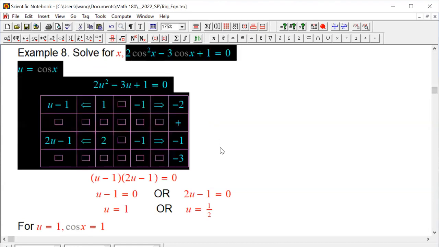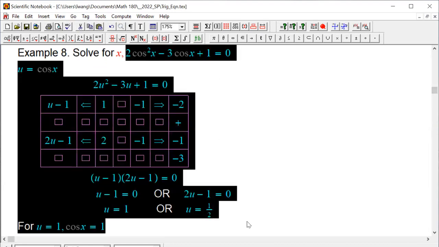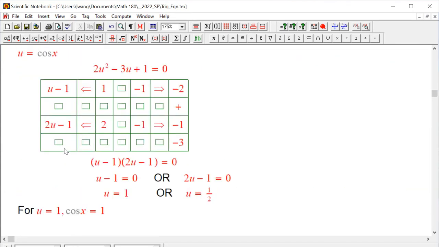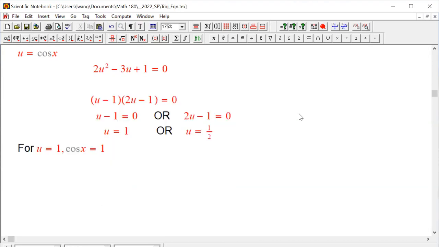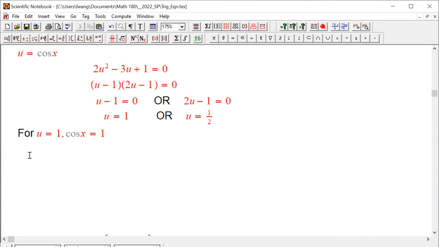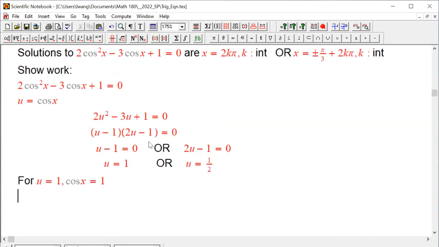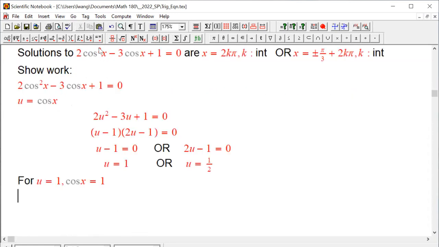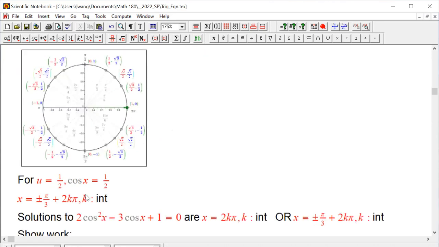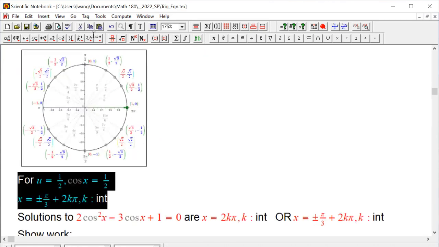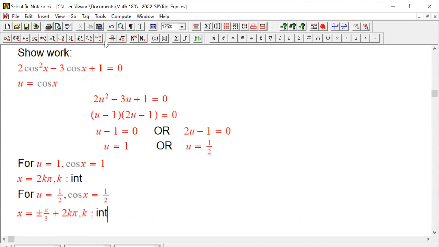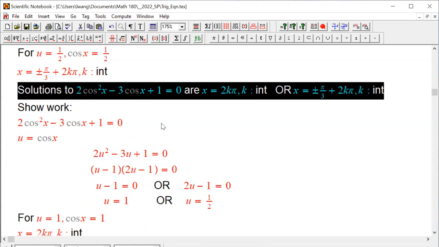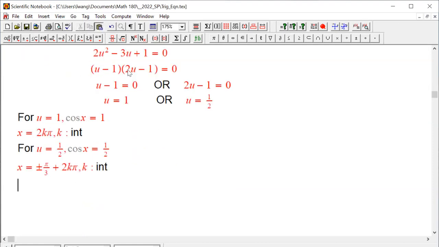Okay, so I'm going to just put the factoring part on my scratch paper, so I'm just going to remove that. You just do your factoring elsewhere. And then you get your solution here. So this is one solution, and for the other one, you have a solution. And you summarize. You have three forms.